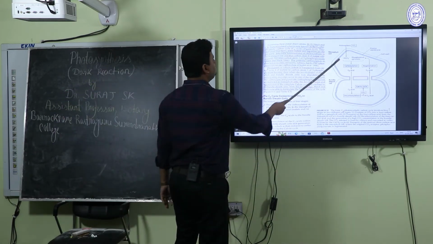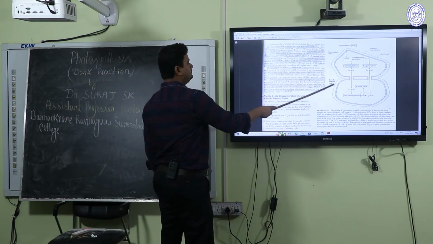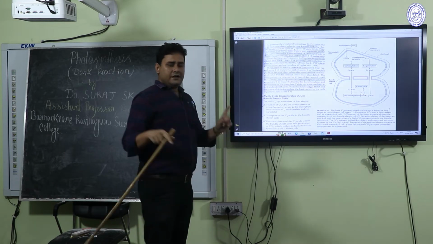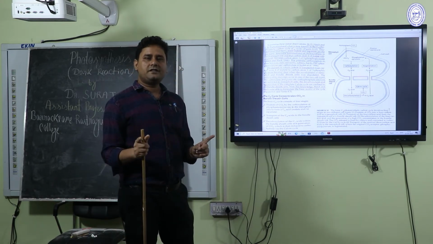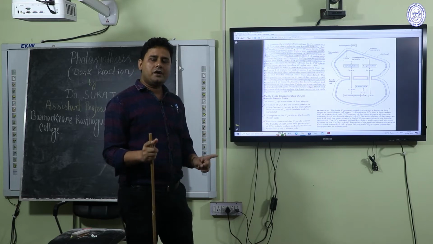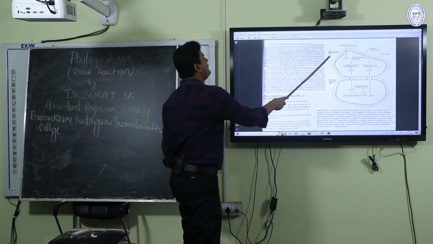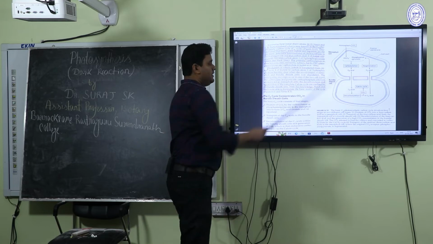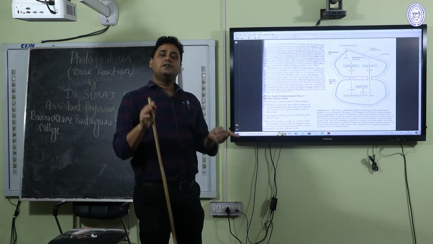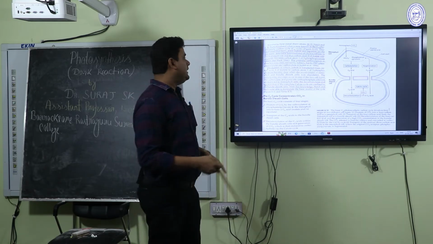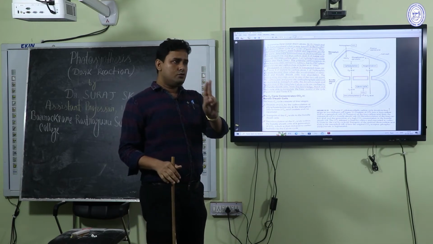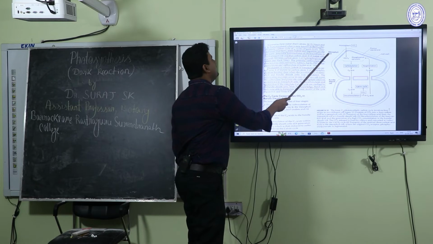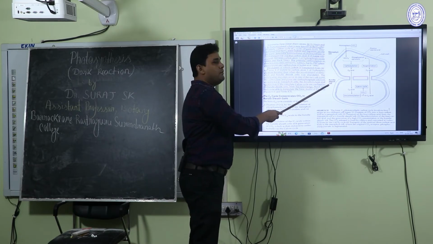Just look here. Normally in C3 plants, chloroplast is present only in the mesophyll cell, but in the case of C4 plants, chloroplast is present in 2 types of cell: one is the mesophyll cell and another one is the bundle sheath cell.